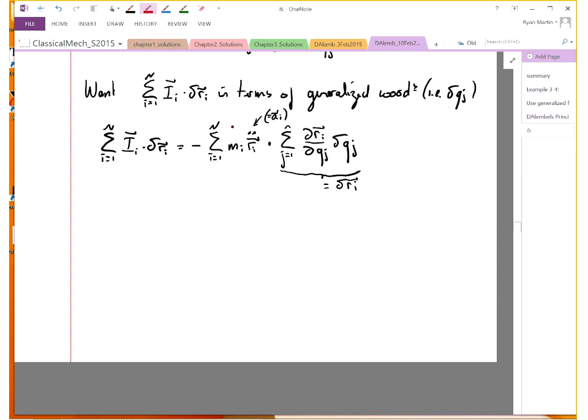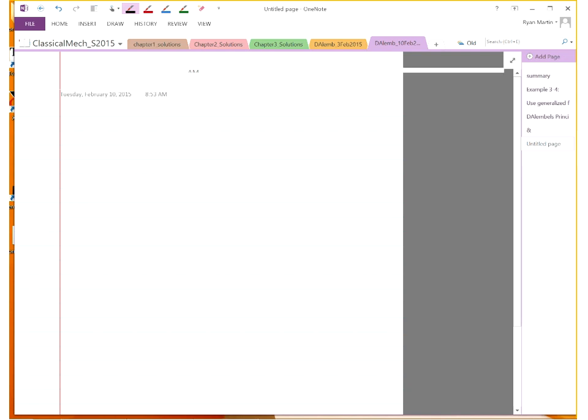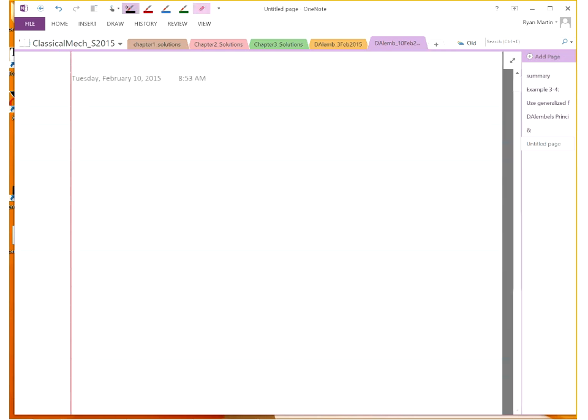So let's now consider this term in brackets. In fact, we'll consider an identity that has this term in it. Now let me do this on the next page. It's not going to fit here. So consider the following identity.